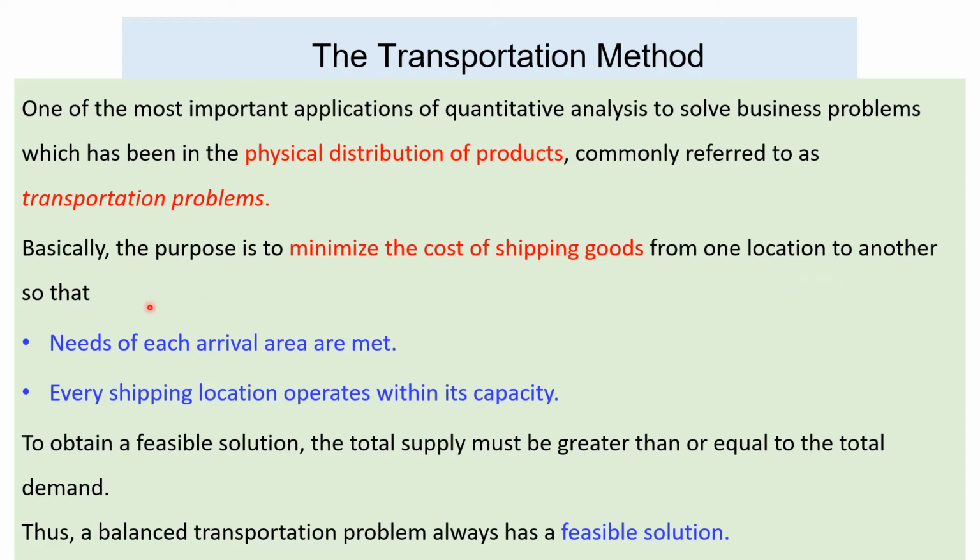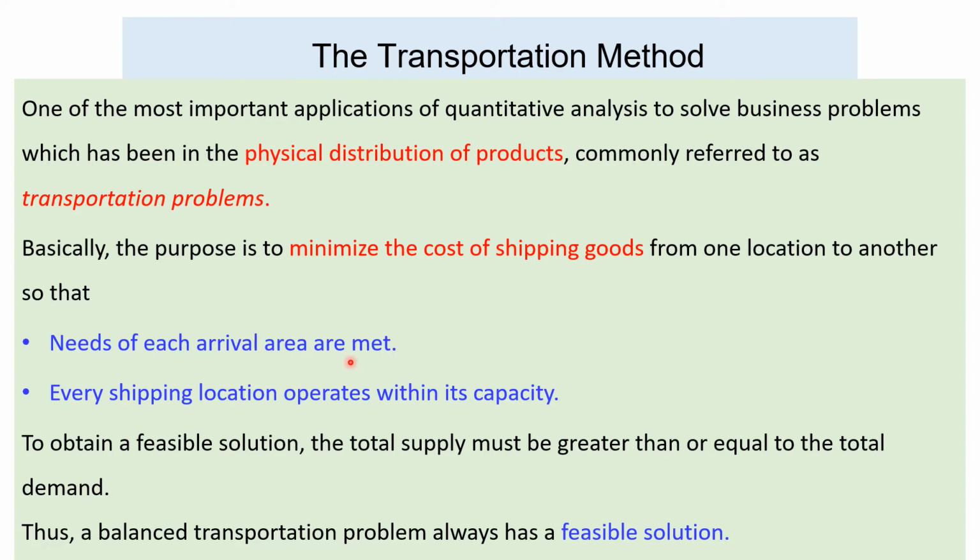When we move our resources or distribute our products from one location to another, there are two things that should be fulfilled. The first one is that the needs of each arrival area should be fulfilled, or the demands of the warehouse or the customers have to be fulfilled.